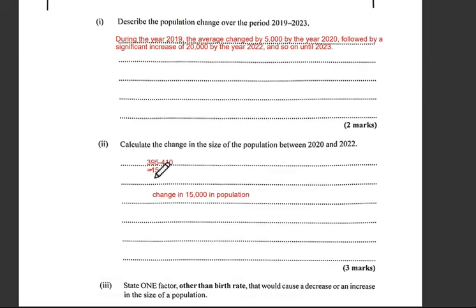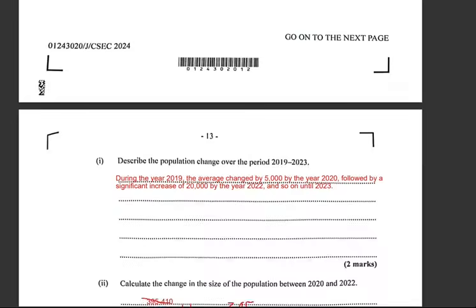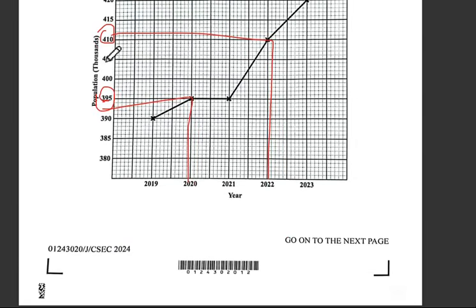If we're going to calculate the other way around, let me just cross this out. So 410 take away 395, we would get 15. Let me check back at the graph and see what's going on.